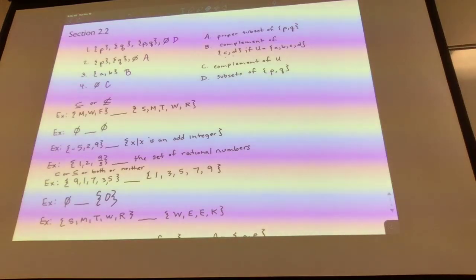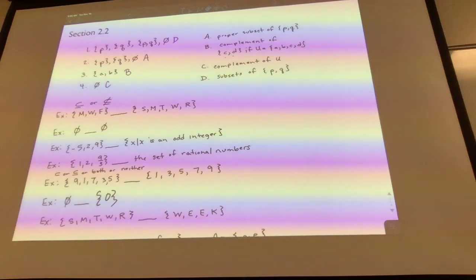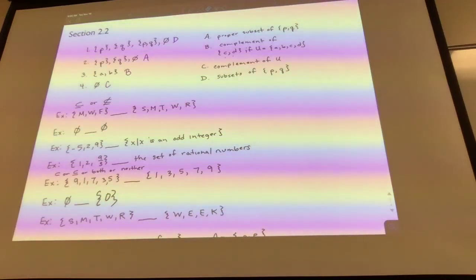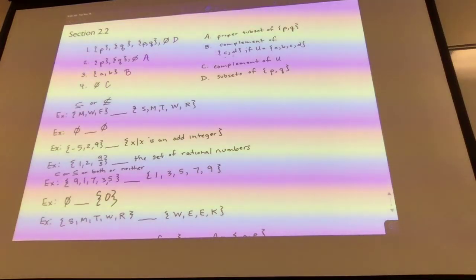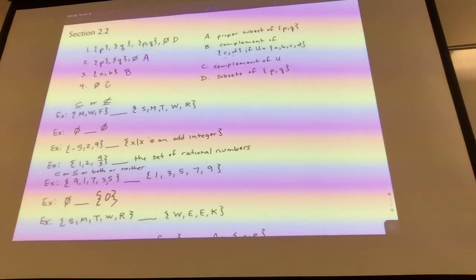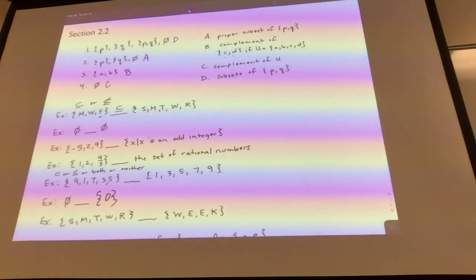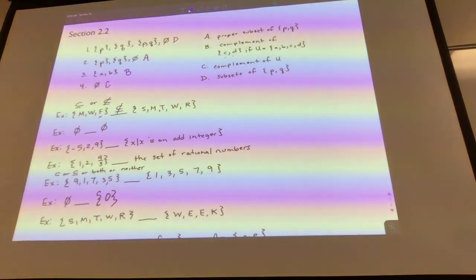So the first question is: is Monday, Wednesday, Friday a subset or not a subset of Sunday, Monday, Tuesday, Wednesday, Thursday? Not. Why? Because of the F, right? This has an F in it, a Friday, and the other side does not, so this is not.